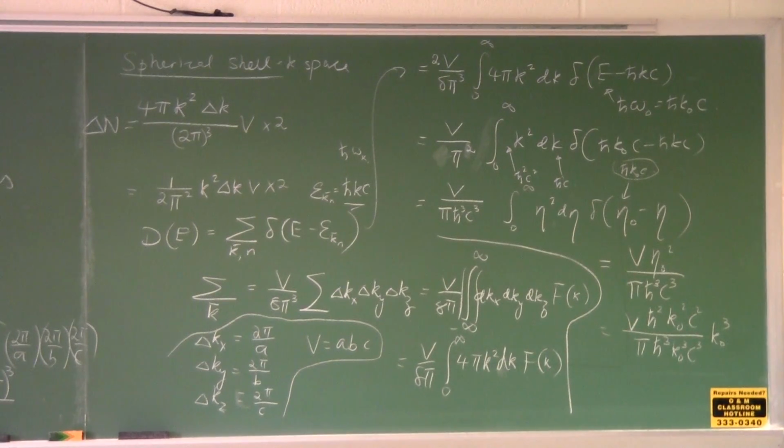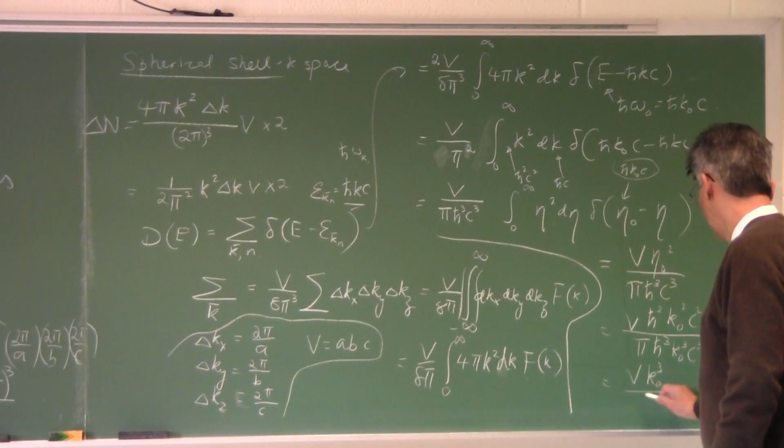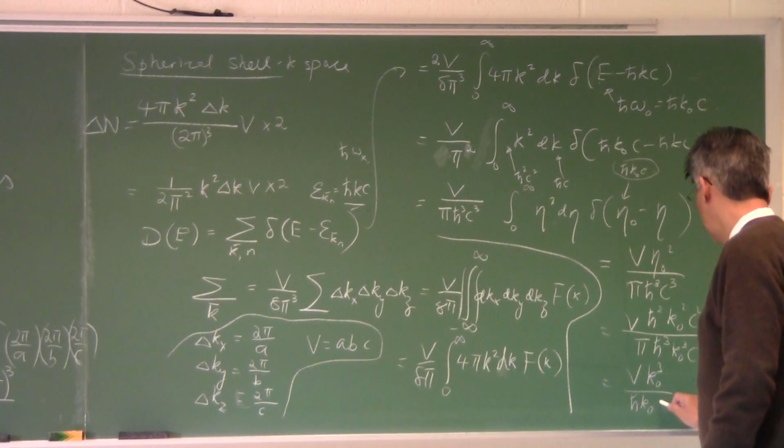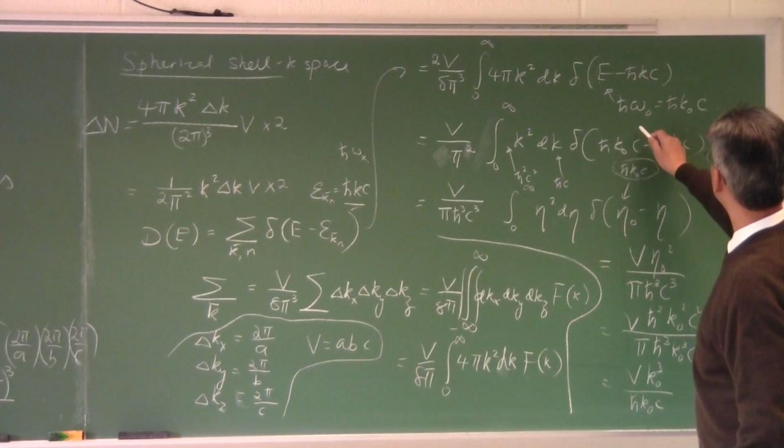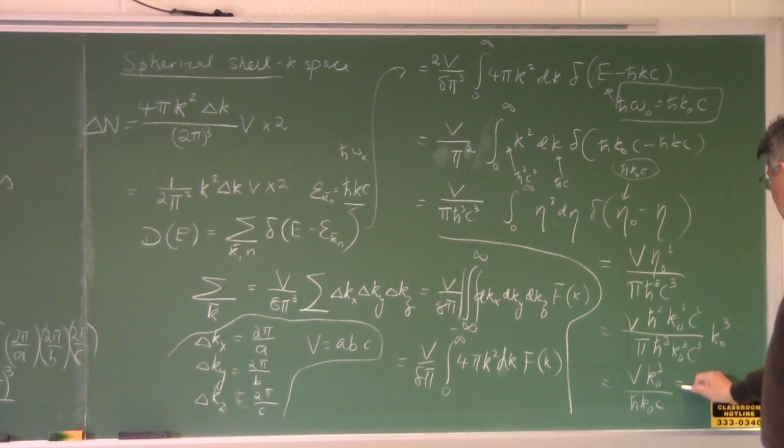It's just equal to that, right? So if that is equal to that, I can cancel this, and this will be b k naught cubed over h bar k naught c. But h bar k naught c is h bar omega, which is just E. So this will just give me b k naught cubed over E.